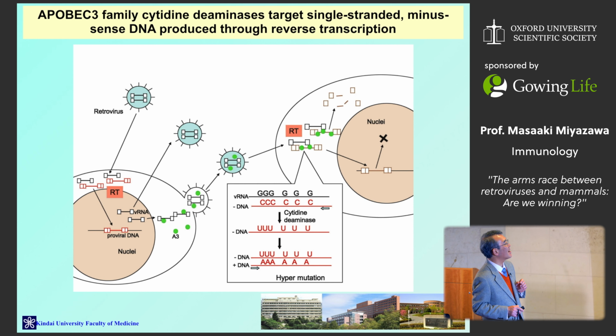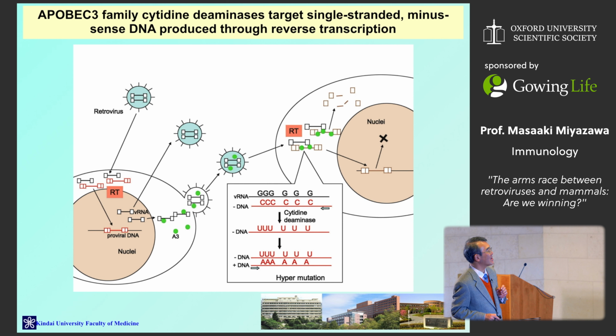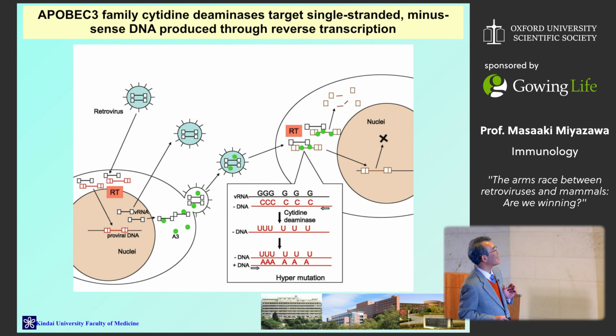And when the reverse transcriptase makes the DNA copy from this RNA, ApoBex3 works on the first strand of DNA. The viral genome is a messenger RNA, so it is a positive strand, but the first strand of DNA is a negative strand.